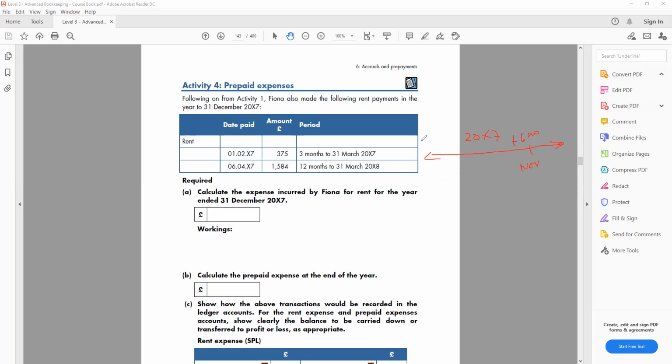So our year is ending January till December, but we paid here for 6 months. So even though we paid £6,000 in 2007, inside of the £6,000, some of the expense we paid for the next year, because that's for the 6 months. And here from November and December, we have only 2 months. So another 4 months we paid prepaid.